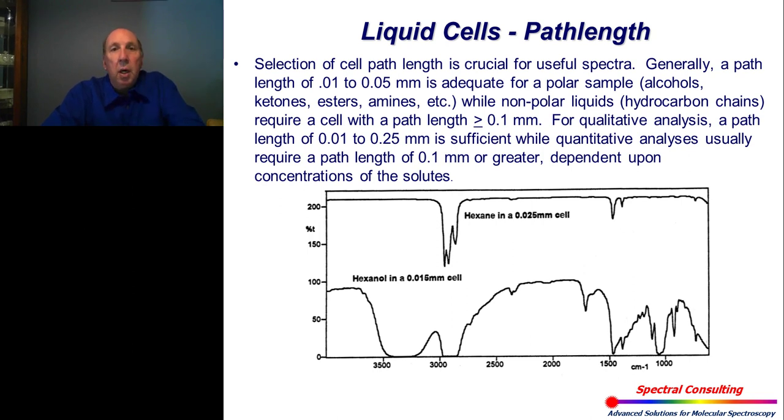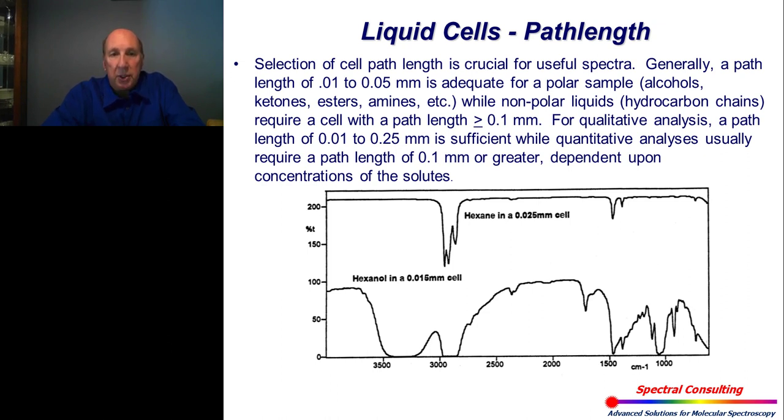So here, we're very concerned about the path length of the liquid cells, because as you can see, there's a very big difference. For instance, hexane here is in a 0.025 millimeter cell, and we get a very good spectrum. When we try and look at hexanol in a 0.015 millimeter cell, that's 15 microns thickness between the two windows, we see that we're over-absorbing.